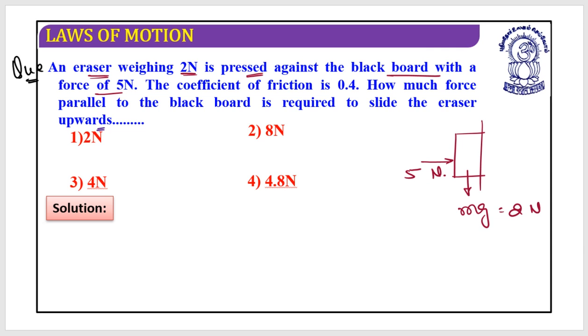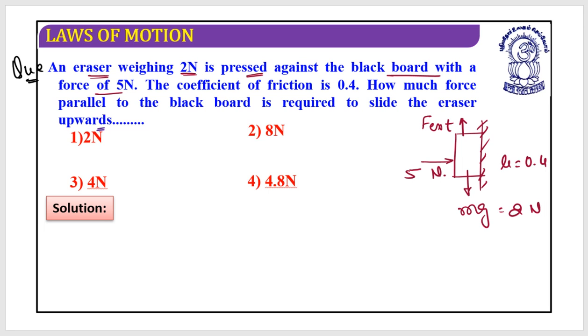The coefficient of friction, okay, this is with friction, this mu is equal to 0.4. How much force parallel to the blackboard is required to slide the eraser in the upward direction? You want the eraser to move in the upward direction. This is F external, that is what you require.